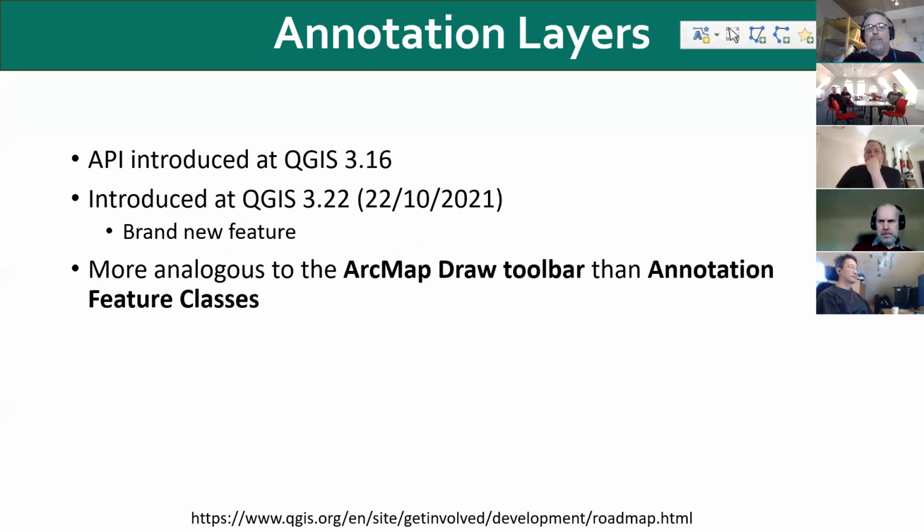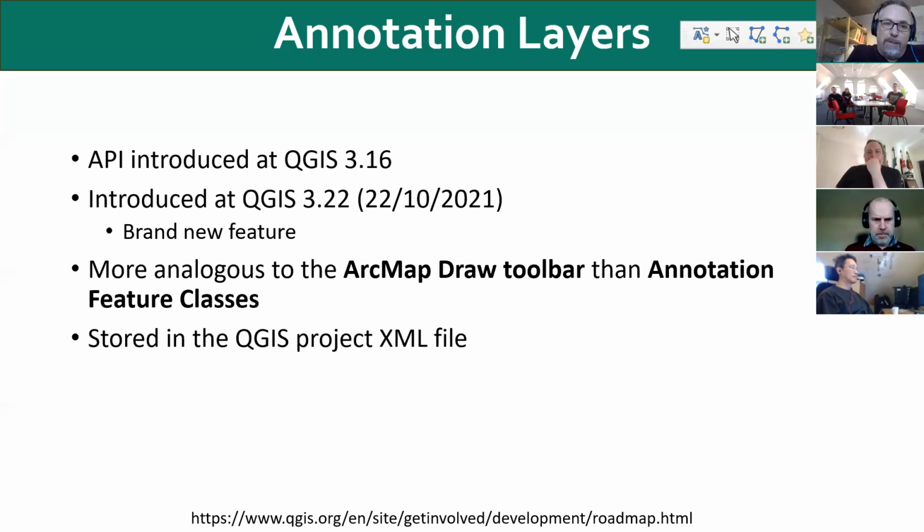One thing about this is it's really more analogous to the ArcMap draw toolbar than annotation feature classes. But this is because the annotations that you create using this are stored in the QGIS XML file. So they're project-based. But importantly, they are georeferenced to the location that you place them in. And I'll show you how you can work with scale associated with that as well.